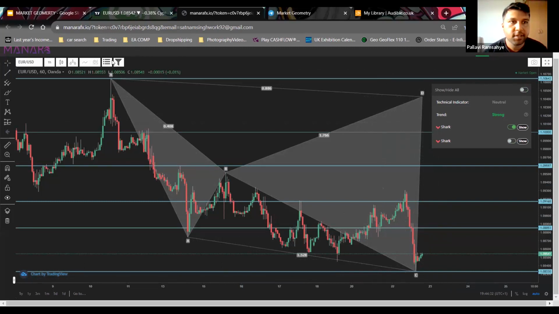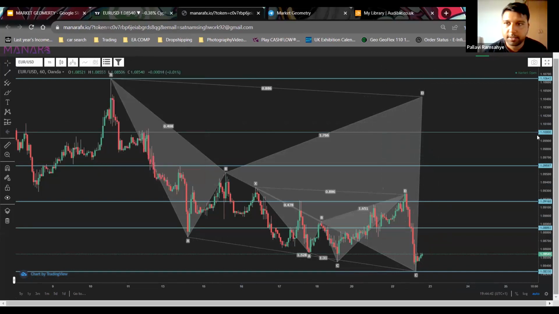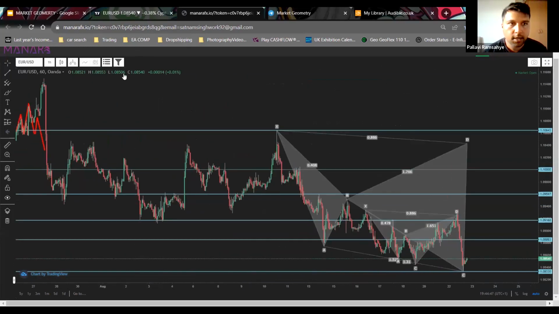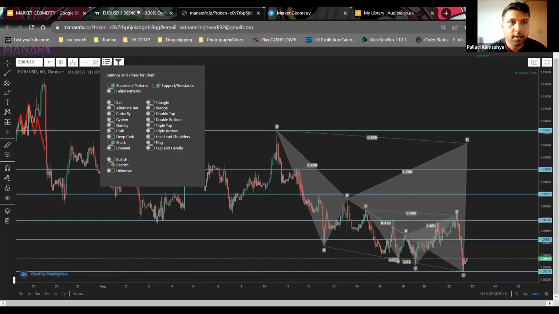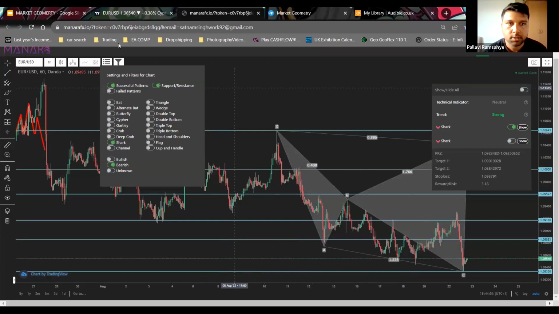We also have the good thing about Monara as well is that we also have the support and resistance zones. So you can enable support and resistance zones, which is a really good feature in my opinion. So what we're looking for, now that we can see a potential shark pattern here, delete that.